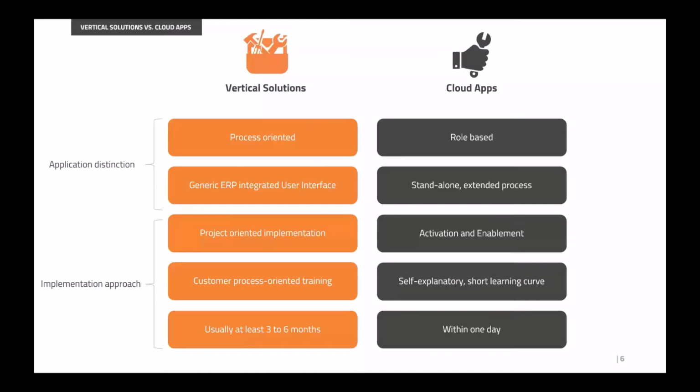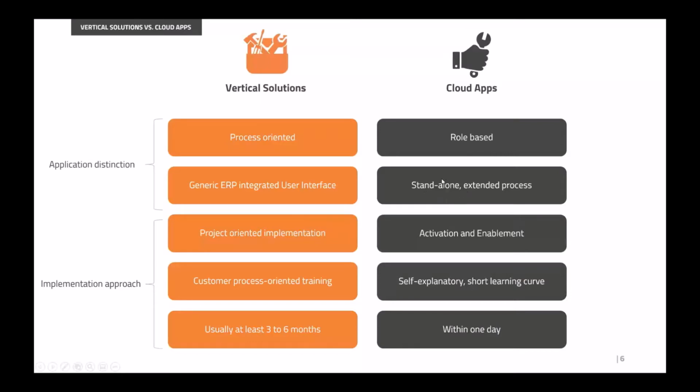The application is integrated normally in a generic ERP interface. In the case of Business One, we have a generic ERP user interface, and the application is integrated in this interface. In the case of cloud apps, we have more role-based applications.